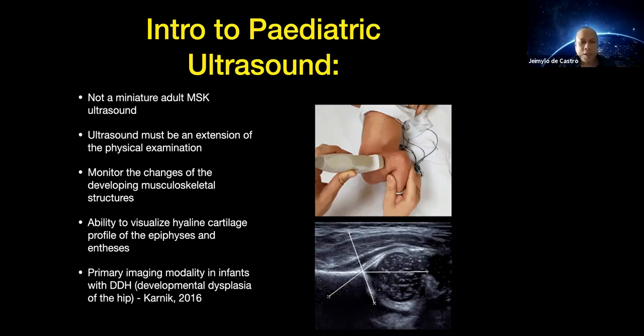Interestingly, this is the primary imaging modality in infants with developmental dysplasia of the hip. So if we are dealing with patients with suspected hip deformation or dysplasia, then we can make use of this as a way of diagnosing our patients with these problems.